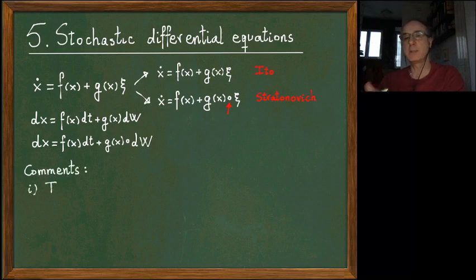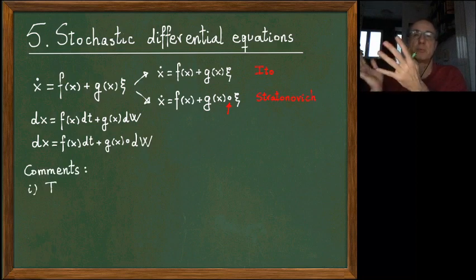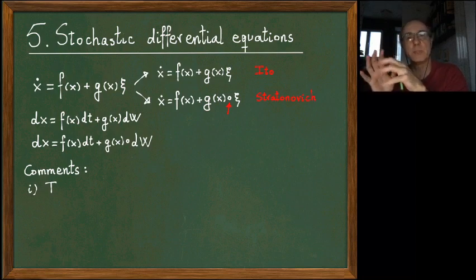So let me comment on things, because this is very surprising. You have an equation. First, you have to provide an interpretation. So some people ask, what is the interpretation? Actually, the two interpretations are essentially tools to work with the stochastic differential equation. So you can choose one or the other, and you can go from one to the other, and this is what we are going to see in this section.